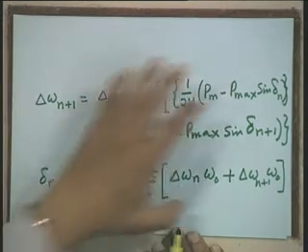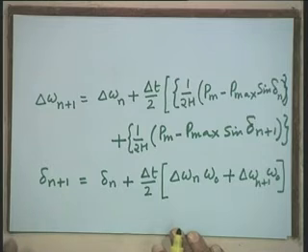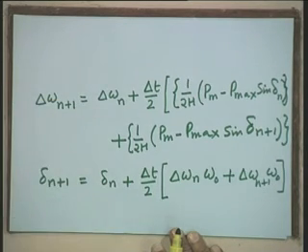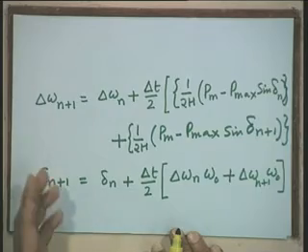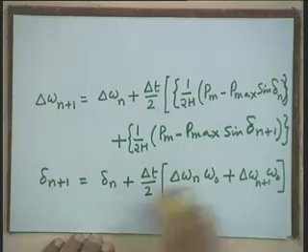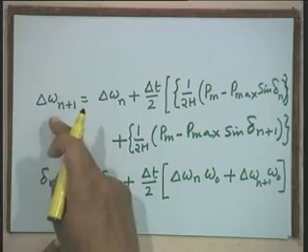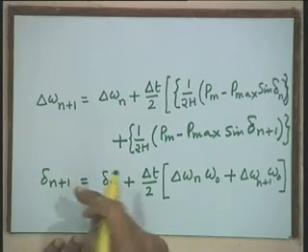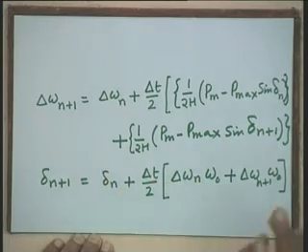Now, these are the two nonlinear coupled algebraic equations. The initial values, delta omega n and delta n, are known. You use the simplest technique like the Gauss-Seidel technique to obtain the values of delta omega n plus 1 and delta n plus 1 at t equal to t n plus 1.